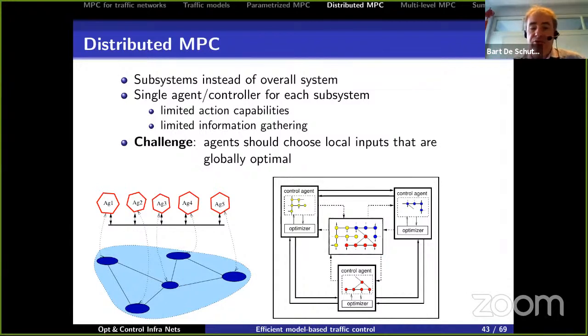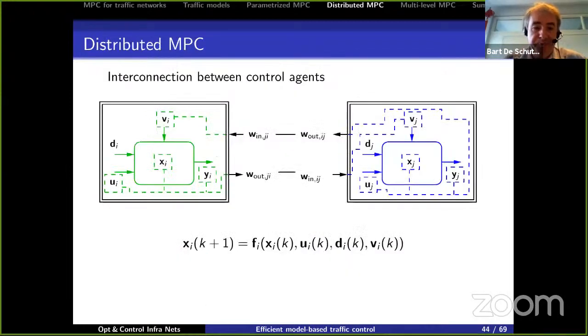They need to find local control inputs that will also contribute to the global optimum. In this presentation, we will give a brief introduction on how this is done. And I guess that in later presentations today, and actually also in the presentations yesterday, people will go into more detail on how to do this in various ways.